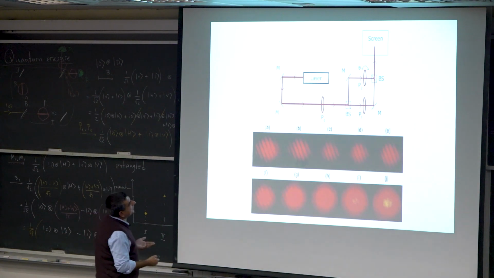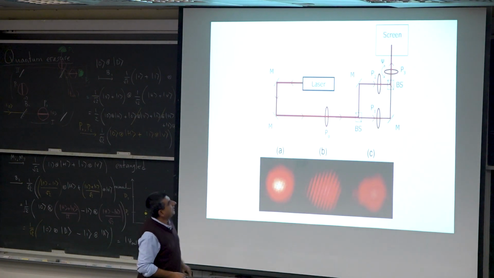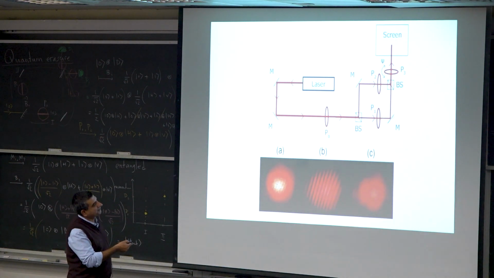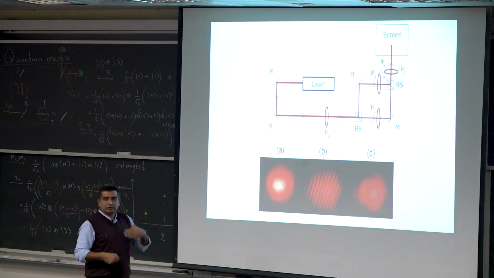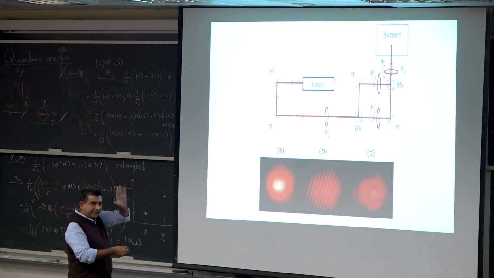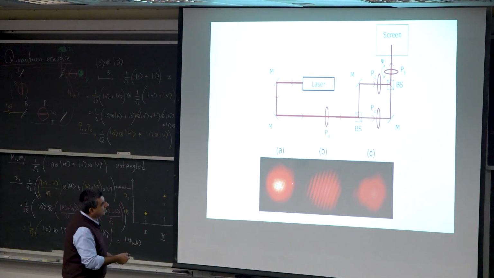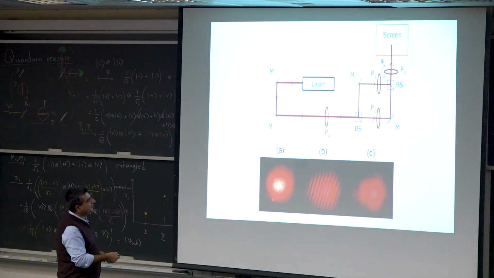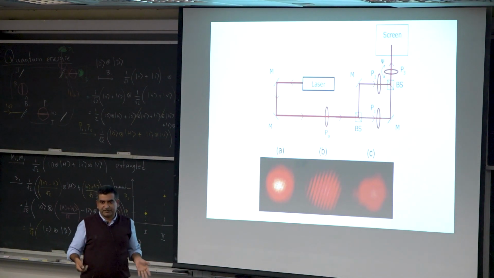So in the last experiment, what we could do is place another polarizer, P3, at the output. P1 and P2 are now crossed. When P3 is in the diagonal form, I get these fringes, and when P3 is horizontal or vertical, the fringes disappear.